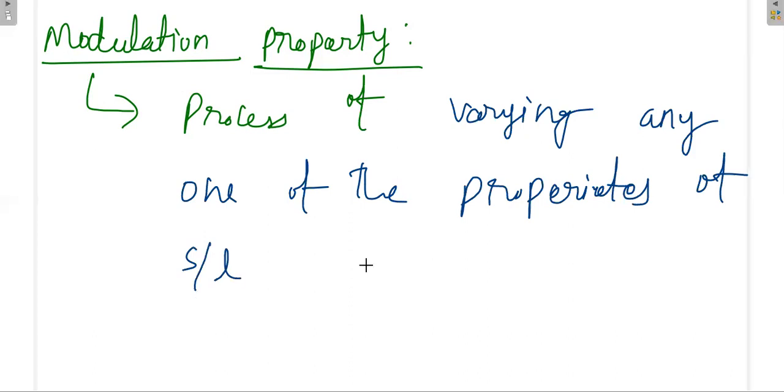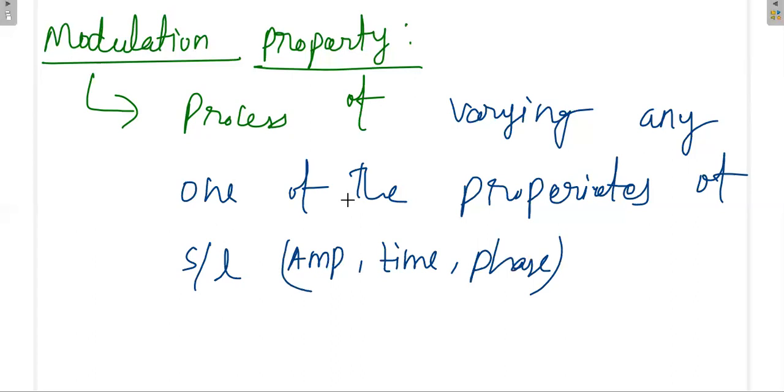What is that one of the properties? It could be like amplitude or time or phase. These are all the properties of the signal. So it is a process of varying any one of the properties of the signal with respect to the amplitude of the message signal.